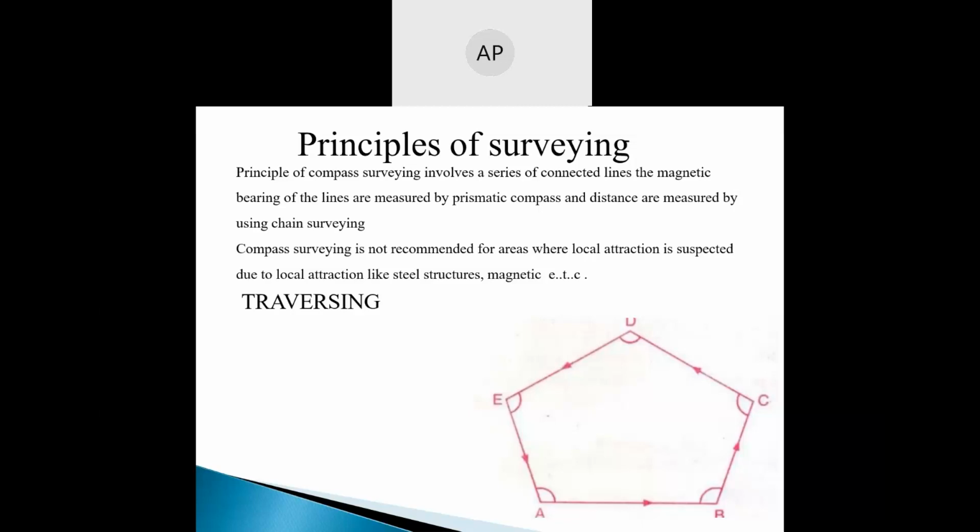Then the bearing angles are affected. That is known as local attraction, and it is due to the attraction between iron and magnet. So there may be steel structures, magnetic objects, etc. So the general principle of surveying is traversing.